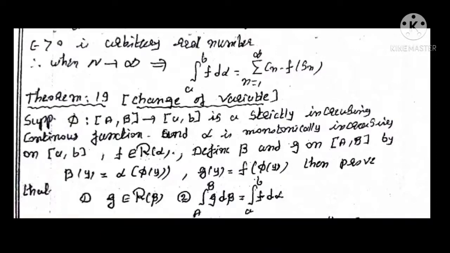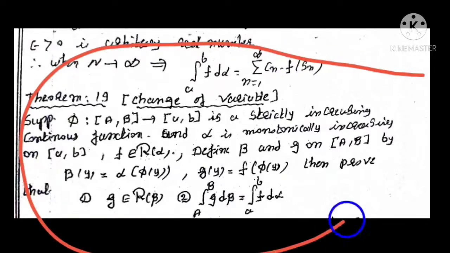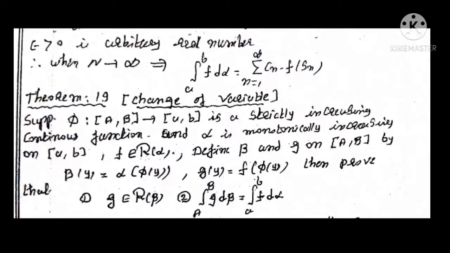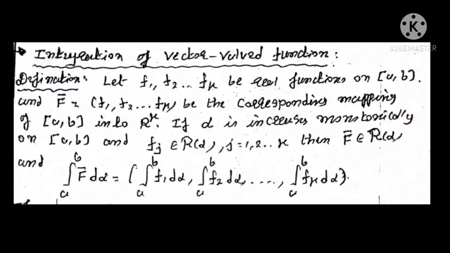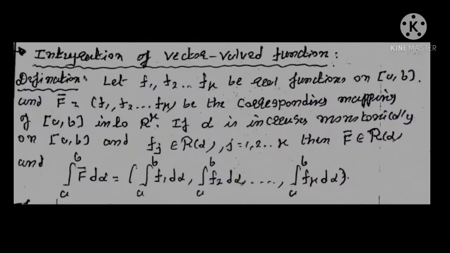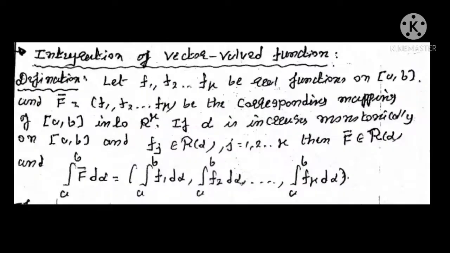Now next definition, integration of a vector valued function. The definition is: let f1, f2, up to fk be real functions on the closed interval [A, B], and let f bar equal (f1, f2, up to fk) be the corresponding mapping of the closed interval [A, B] into R^k.